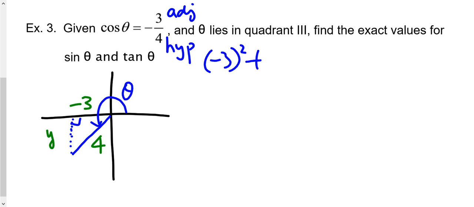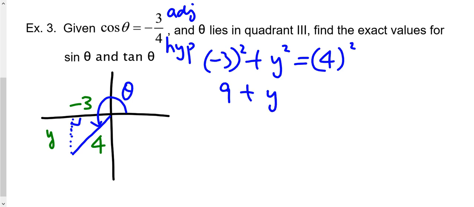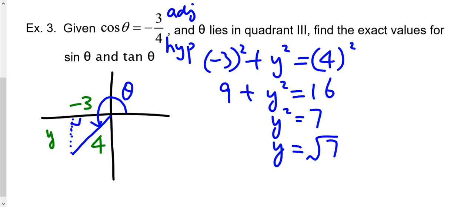Negative 3 squared plus y squared gives you 4 squared. 9 plus y squared equals 16. Y squared equals 16 minus 9, which gives you 7. When you take the square root, you don't have to put plus minus, because you cannot have a negative length. So root 7.